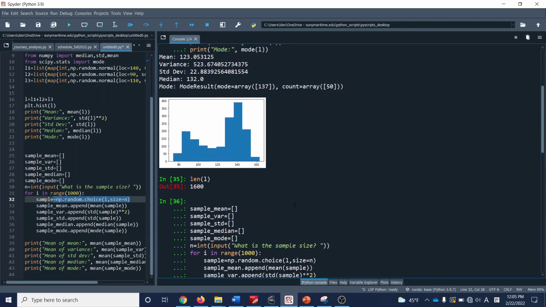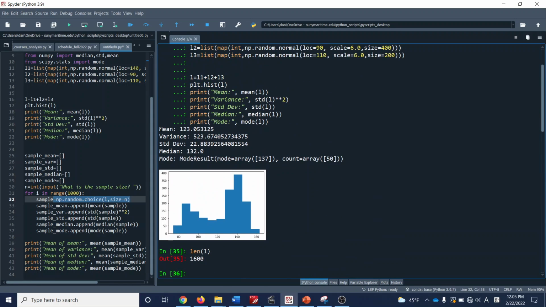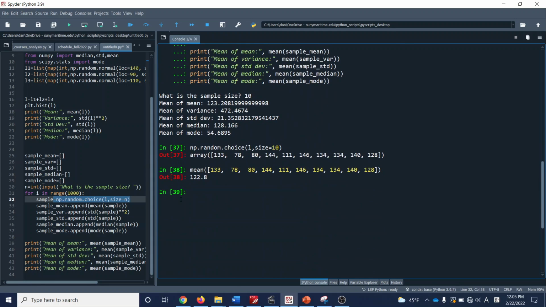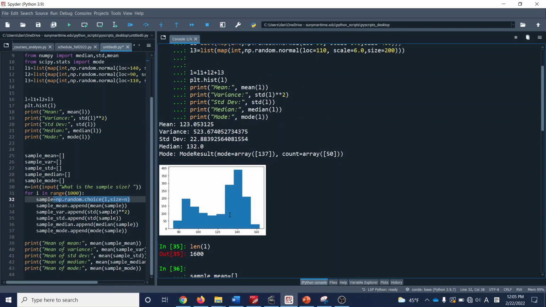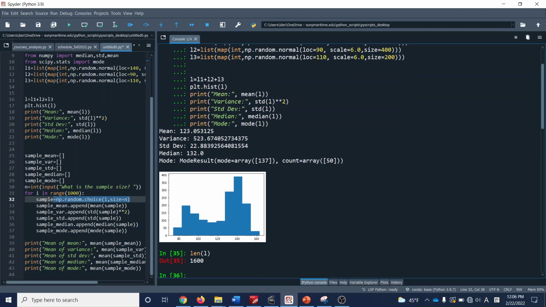And if you remember, the original population mean is 123.05. So that's pretty good, don't you think? And then if I take the standard deviation of this, that's 23.75, whereas the original one is 22.88. That's also pretty good, right?